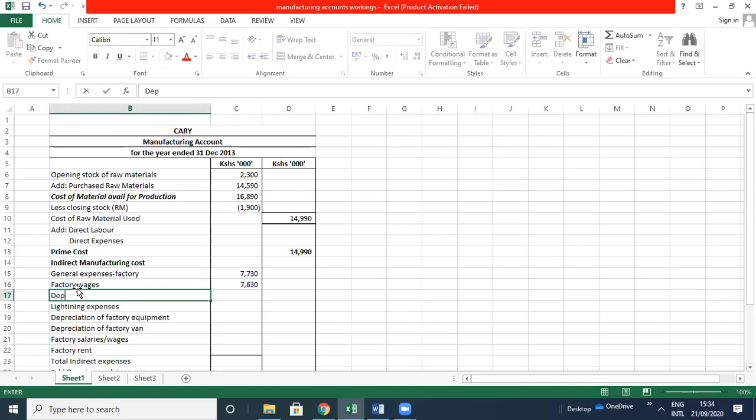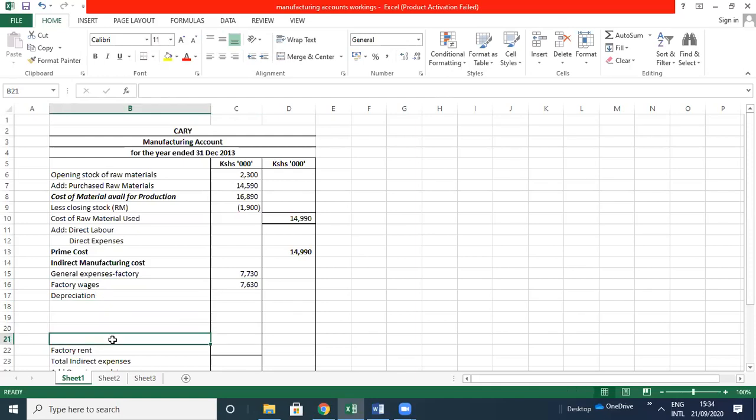We have depreciation. What do we have? We have one for the factory building and the other one for plant. Factory building. Someone should be through calculating this. And the other one is for plant.